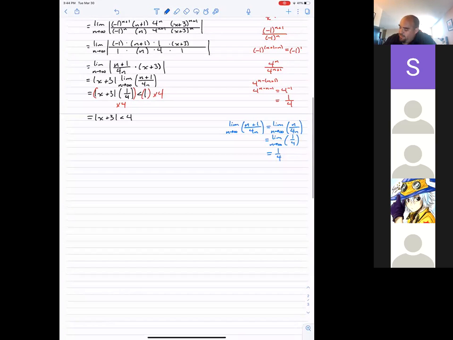The way that I prefer to look at these, and this is just a more personal preference thing, is I know for sure that n plus 1 over 4n is equal to n over 4n plus 1 over 4n, which is equal to 1/4 plus 1 over 4n.